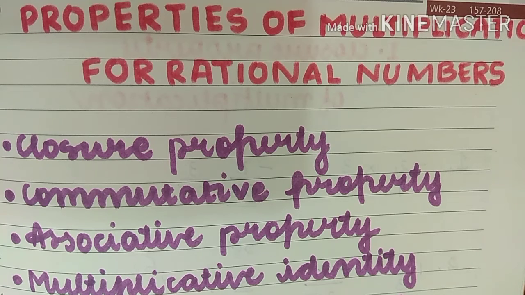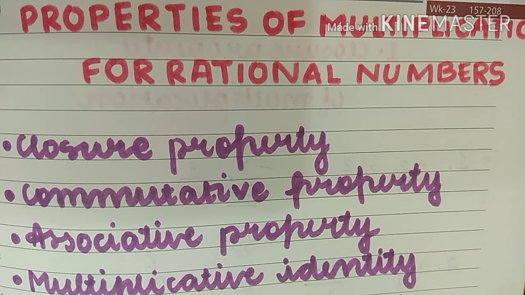What is the commutative property? If we take any two rational numbers, they can be multiplied in any order and the result will be the same. This is what is called the commutative property. Then next, the associative property. Associative property means three rational numbers can be multiplied in any order, and the result will be the same. That is what is called the associative property.